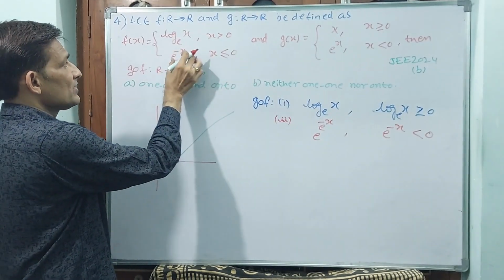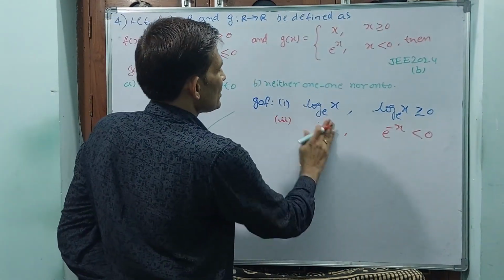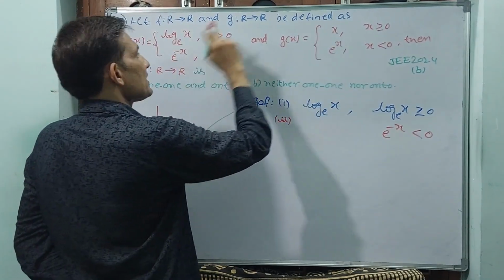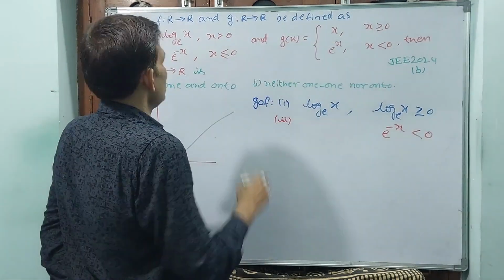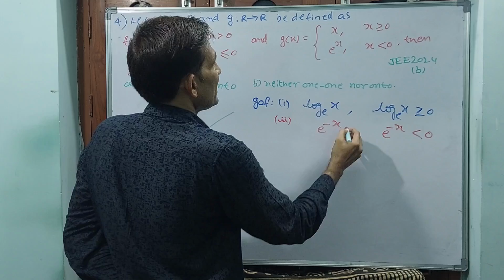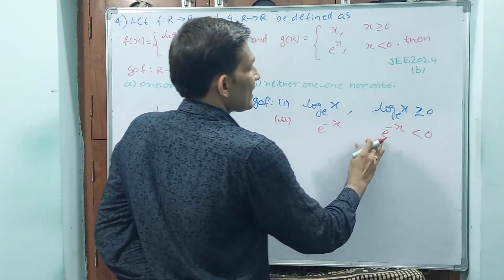The second case, this one you have to keep here. No, this one we are doing still. I forgot. Here only we are doing. Why? Because the first one is over, the second one we are also doing here. This e power minus x is going to come here. I have written it correctly. E power minus x should be greater than or equal to 0.